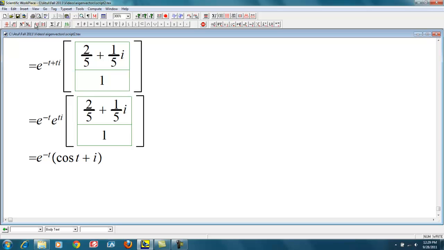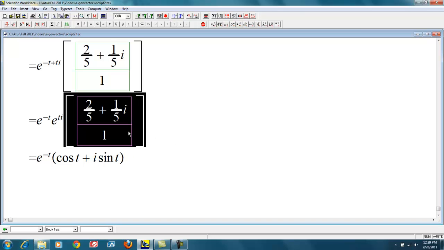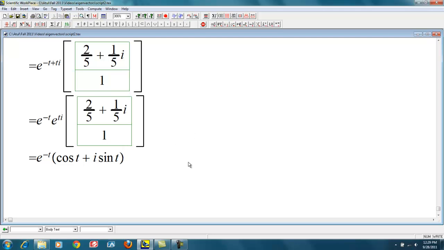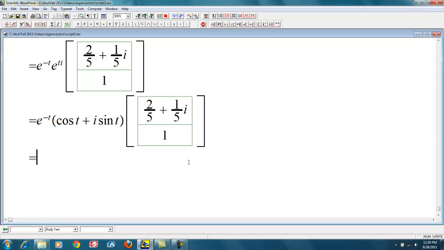Cosine t plus I sine t, right? Makes sense? And then I get that, right? Is that good? And then we will go again in the routine fashion and finish the problem.